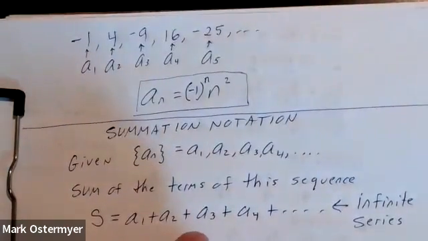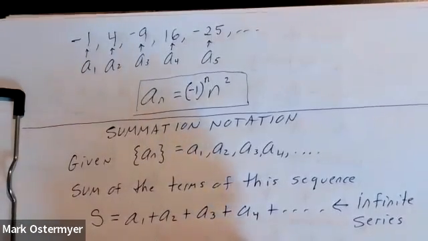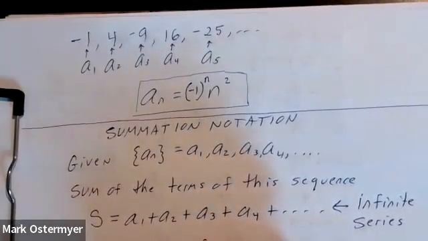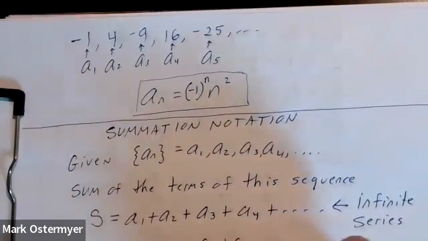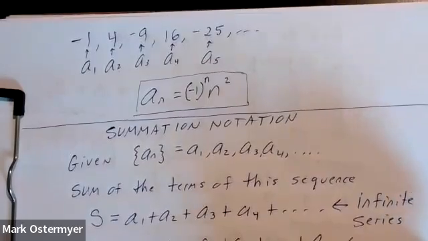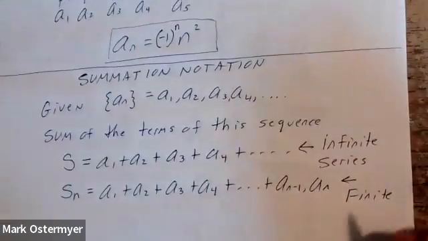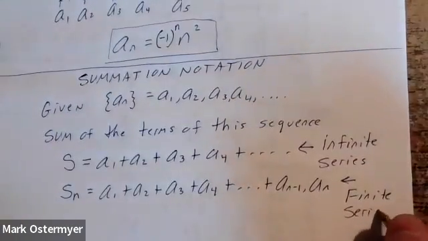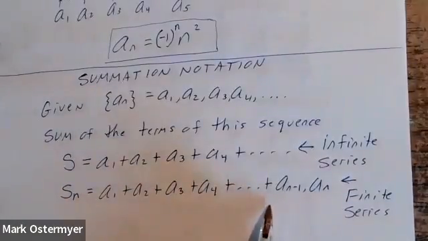If I sum up just the first n terms of this sequence, then I have a finite series. So the sum of the first n terms of the sequence would just represent a finite series here.